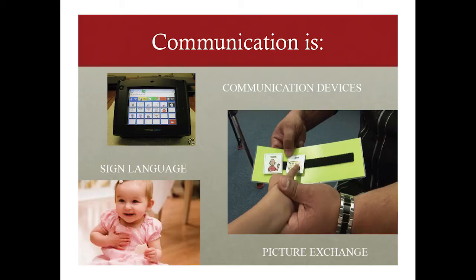There's also, obviously with some kids, devices and tools we can use to help them communicate if they're not able to use verbal words. There's sign language, there's high-tech communication devices like using the iPad with programs on it to help speak a voice for you.